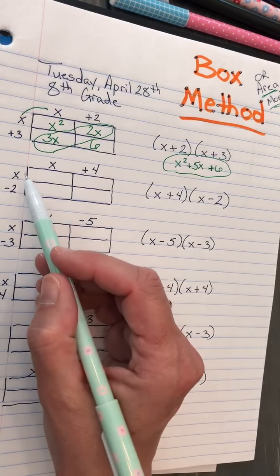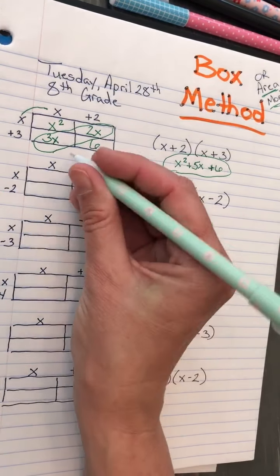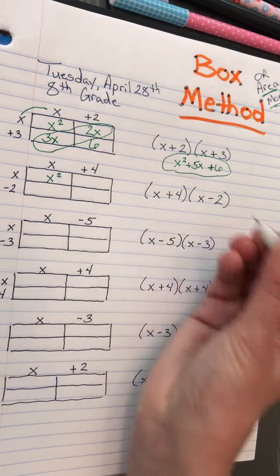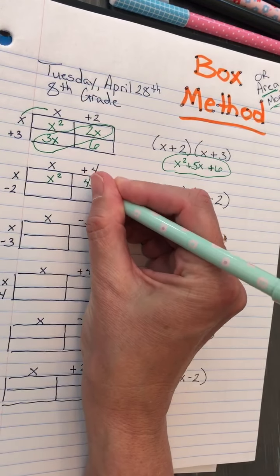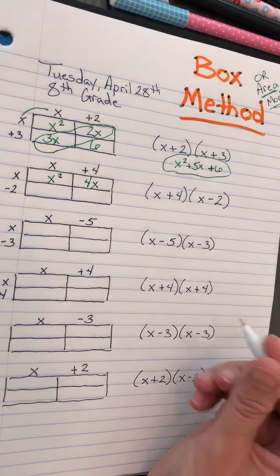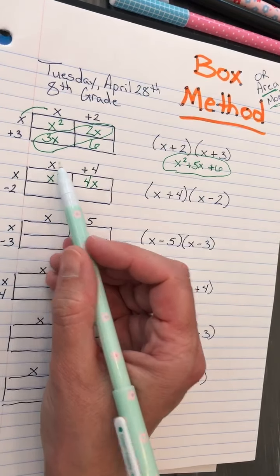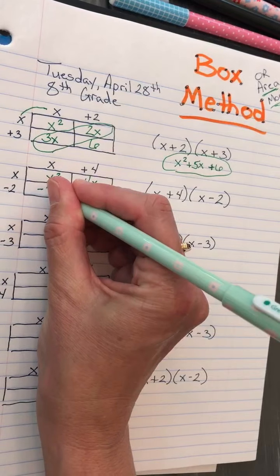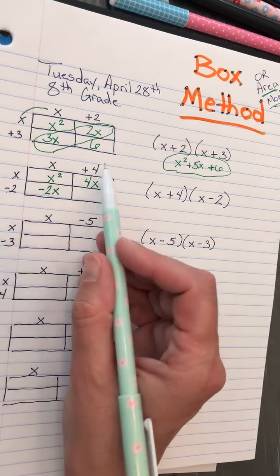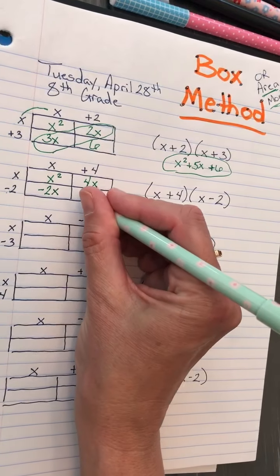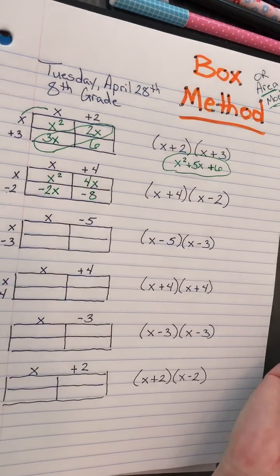So now we multiply x times x, x squared. X times a positive 4 is 4x. Negative 2 times x is a negative 2x. Negative 2 times 4 is a negative 8.